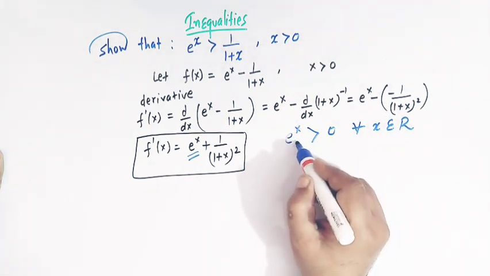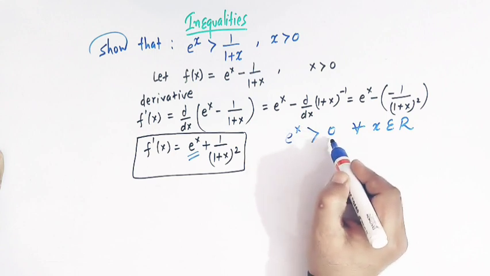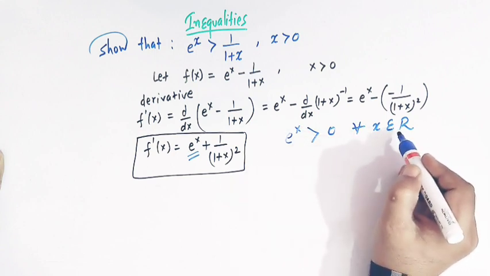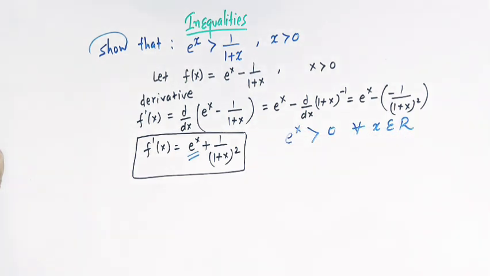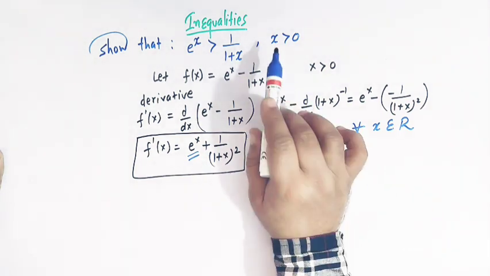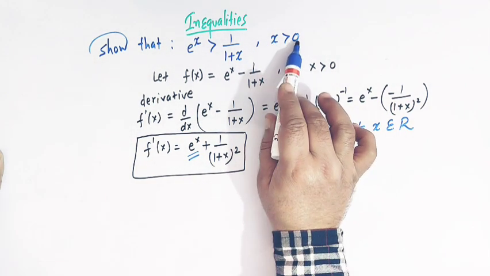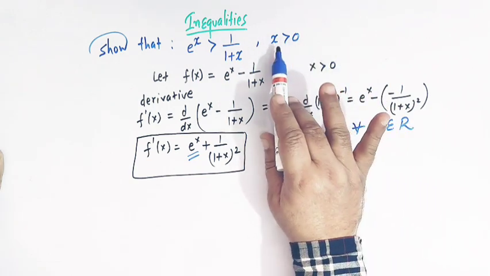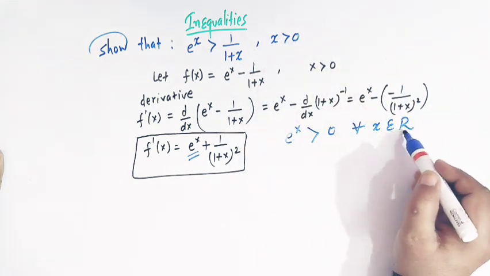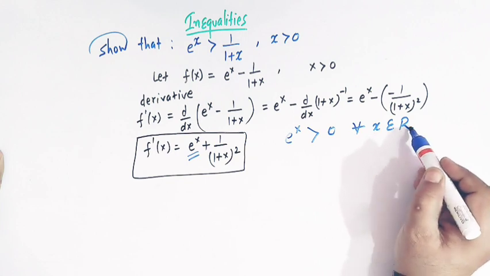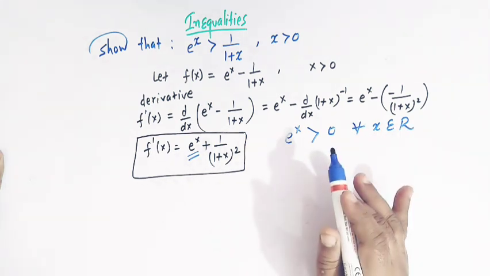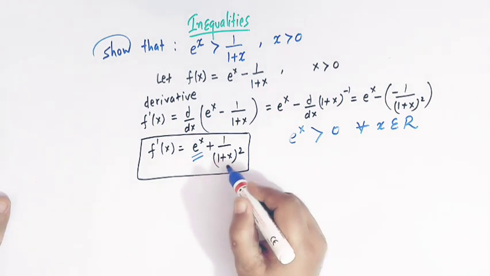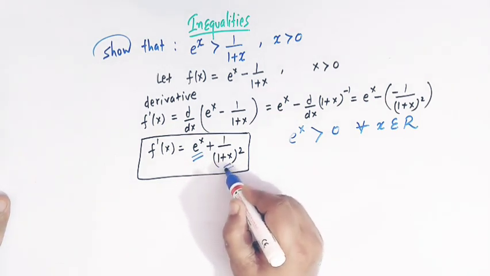So the exponential function is always positive for all x belonging to the set of real numbers, right? So here we have x greater than 0. So obviously x greater than 0 is considered in this set, that is x belonging to the set of real numbers, right?